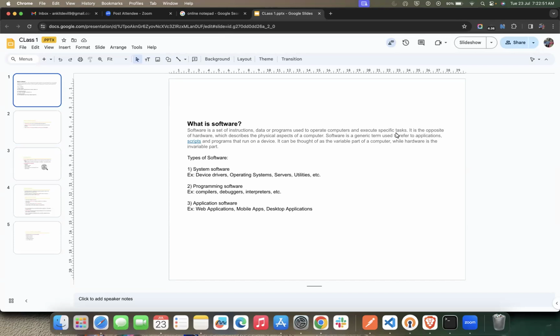Now, coming to the types of software, there are generally three types: system software, programming software, and application software. So, what exactly do you understand when I say the term system software? Any ideas? System software is like the operating systems that we run on devices, like Windows, Android, iOS. Okay, correct.